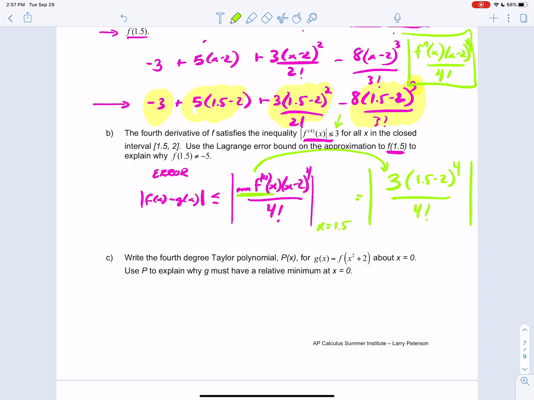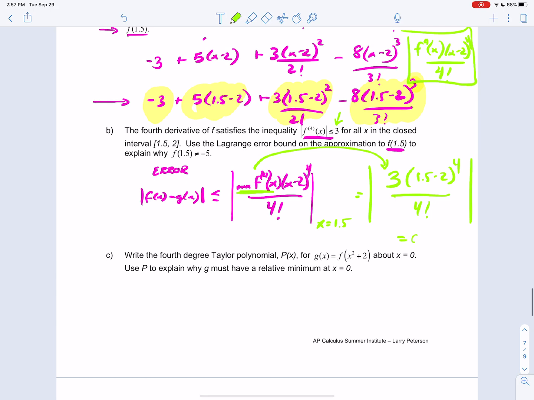Now, for the sake of understanding this problem, I'm actually going to compute that. Okay, this is going to be 1.5 minus 2 all to the fourth power times the 3 divided by the 4 factorial. This comes out to 0.008 if you round it, okay?